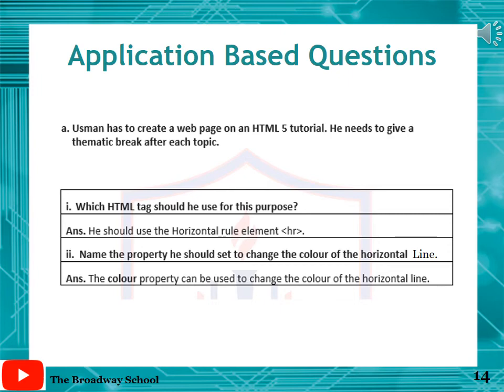HR tag or horizontal rule element. Name the property he should set to change the color of the horizontal line. The color property can be used to change the color of the horizontal line.